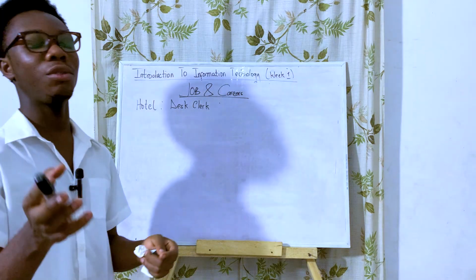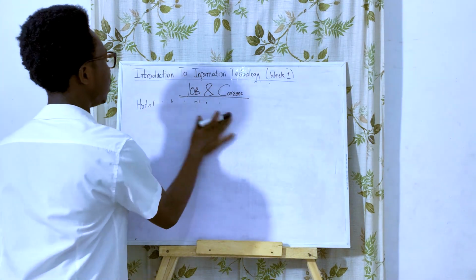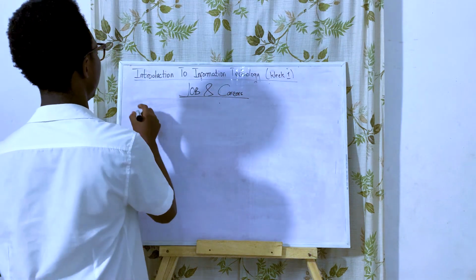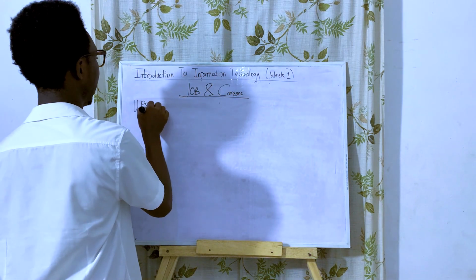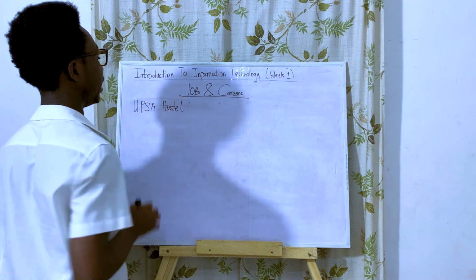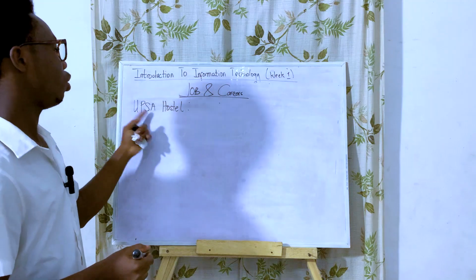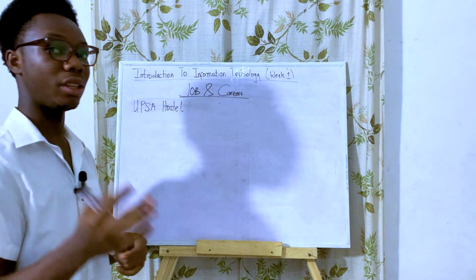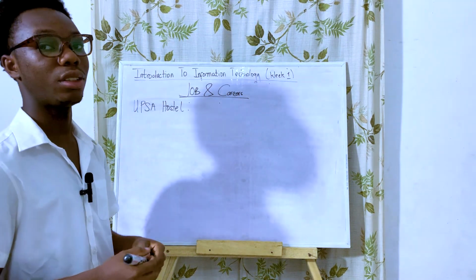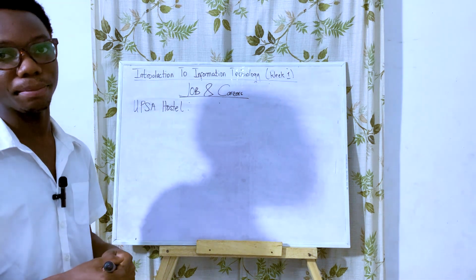Let's not use the hotel, let's use the UPSA hostel. I know most of you suffered before getting it, so you don't want to remember the thing. Let me remind you a little, okay? When you were booking the hostel, you did it online, right?